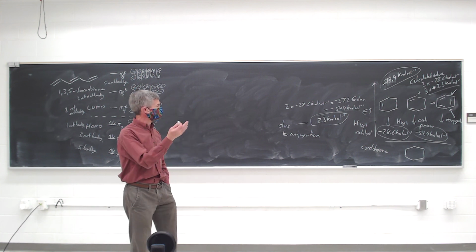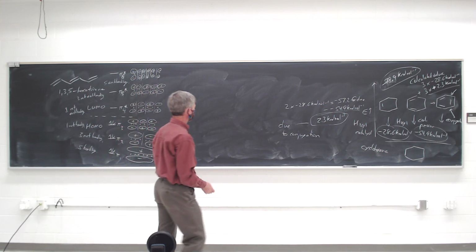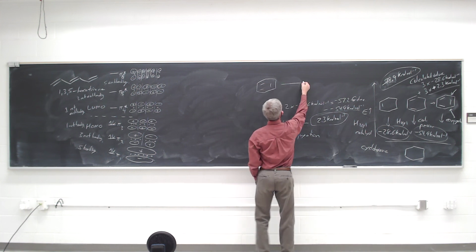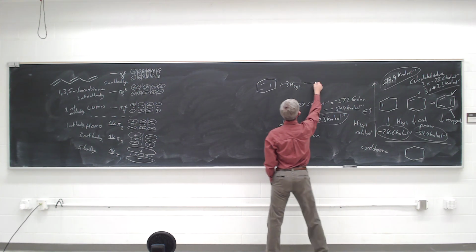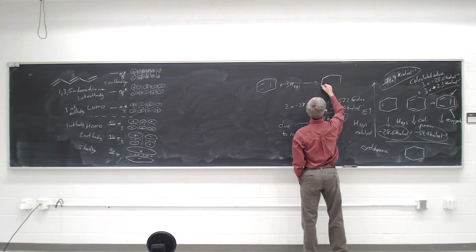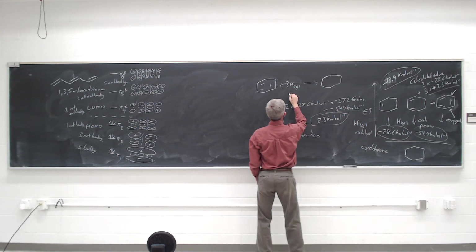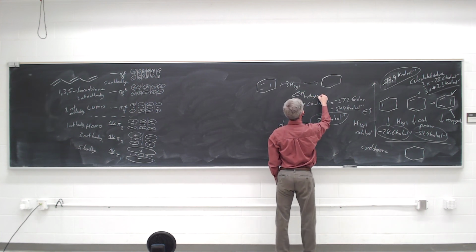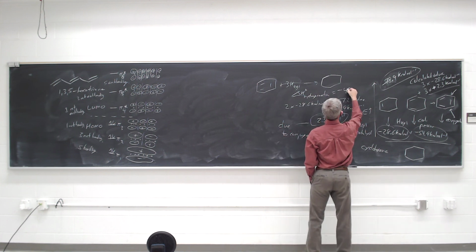So what do we actually see when we hydrogenate benzene? We add 3 H2, hydrogenate that, and convert it to cyclohexane. Delta H of hydrogenation is minus 49.3.